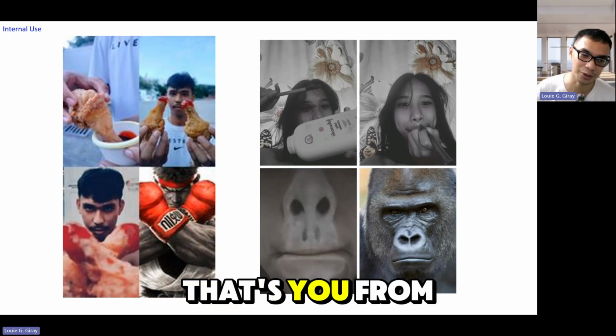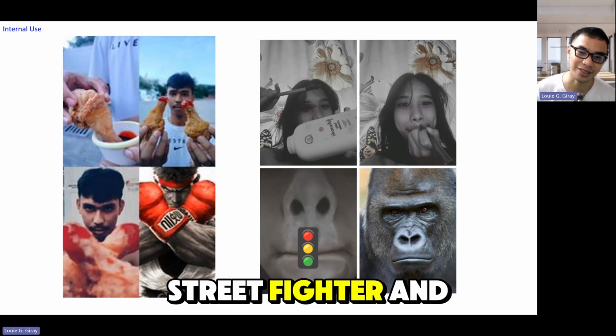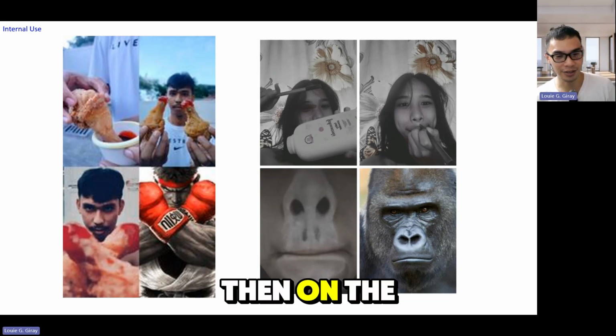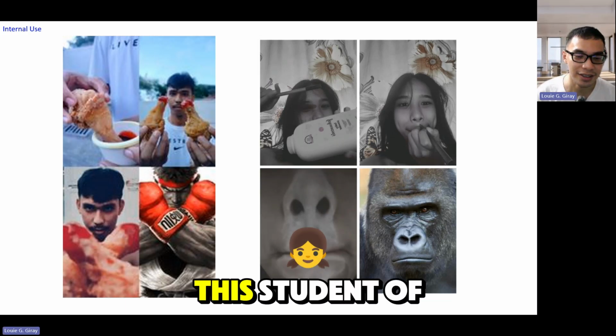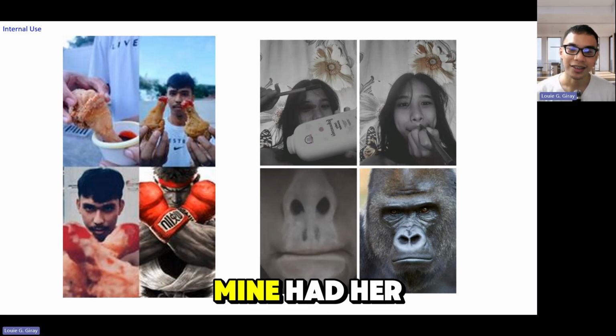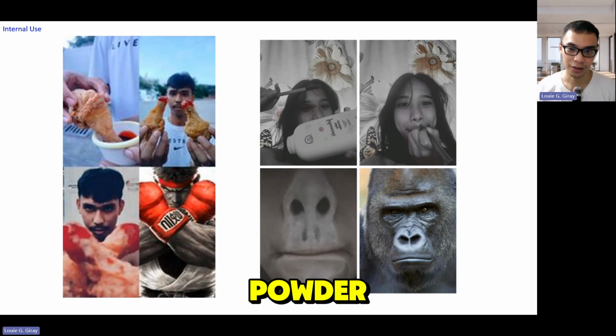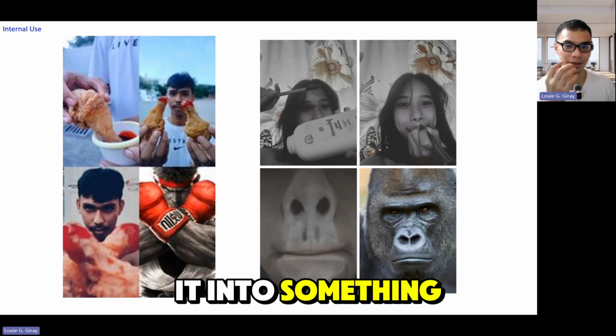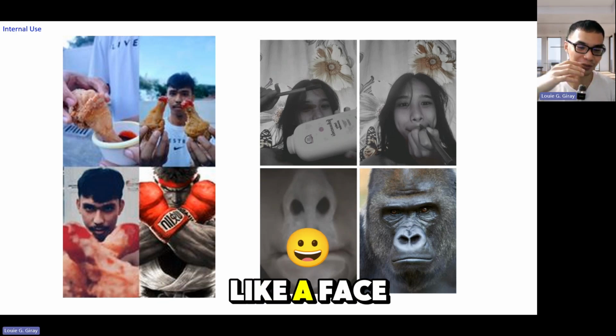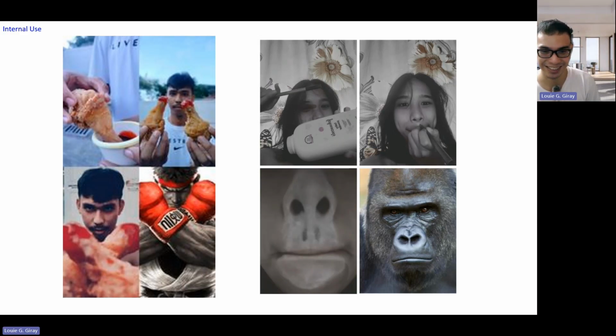Yeah, that's Ryu from Street Fighter. And on the right, this student of mine had her nose powdered, of course, with simple baby powder, and she repurposed it into something new, like the face of a monkey.